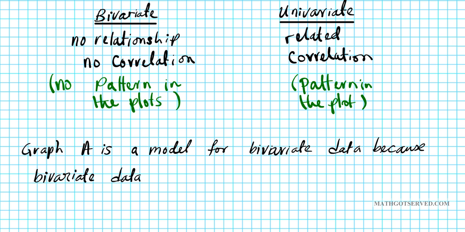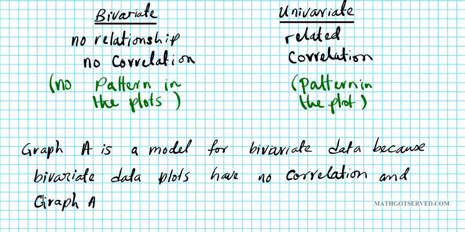Bivariate data plots have no correlation. Okay? And graph A has no correlation or discernible pattern. Okay, if it's not positive negative correlation, but is there like a general pattern that can be seen here? Has no correlation or discernible pattern.